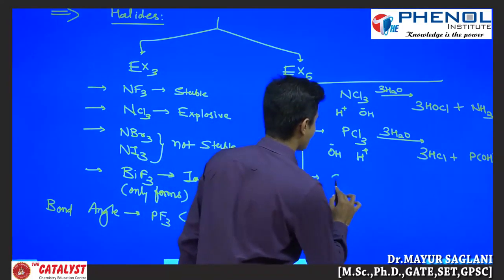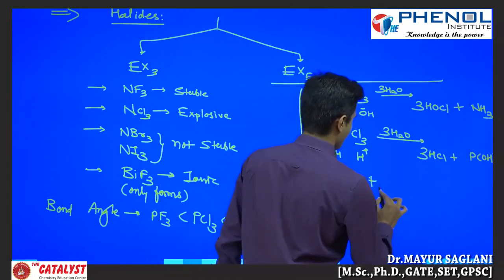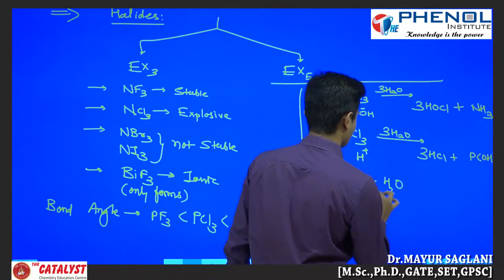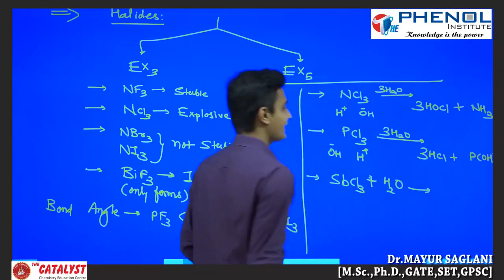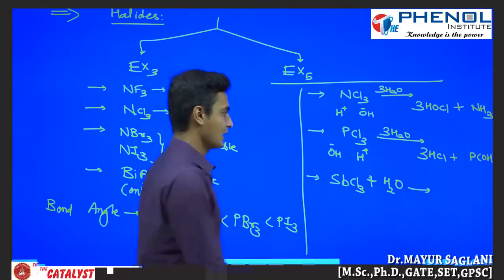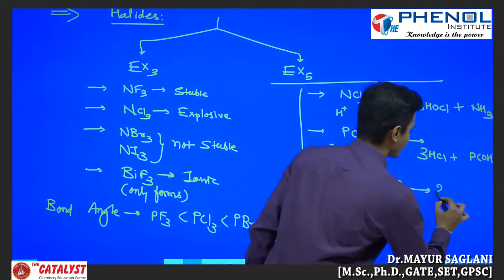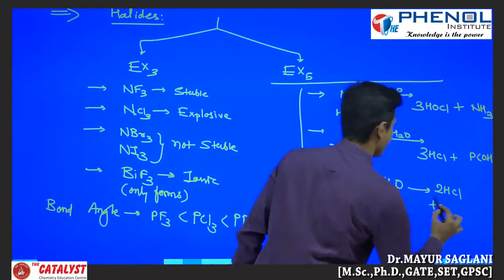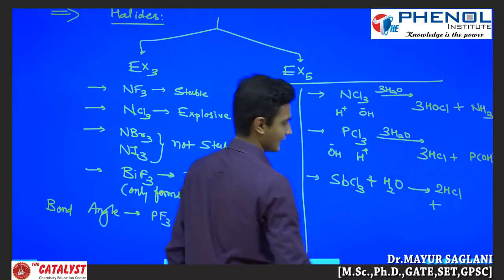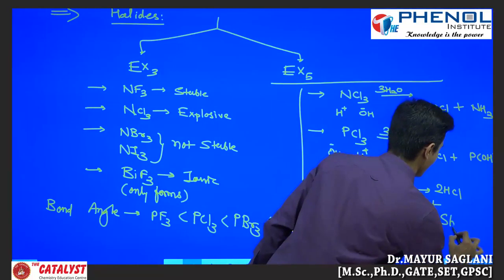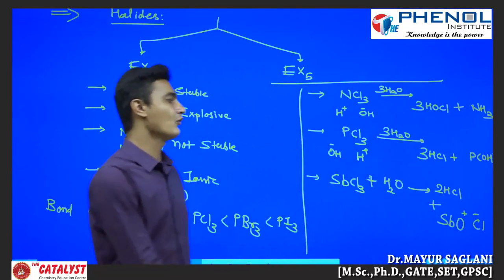Same way, if you hydrolyze SbCl3 with 1 mole of H2O, you will get 2 HCl and SbO+ and Cl-, that is SbOCl.